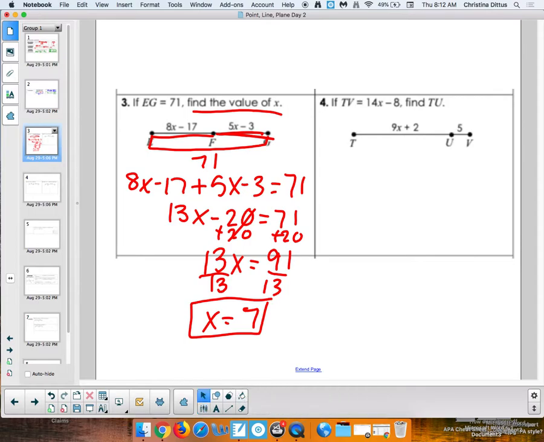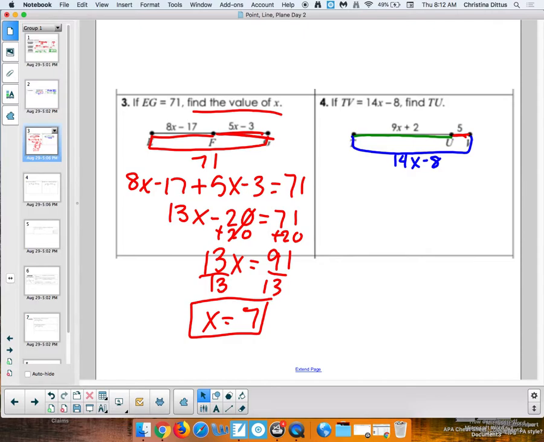I know TU is 9x plus 2. I know UV is 5. And TV, my whole line, is 14x minus 8. What should I do?